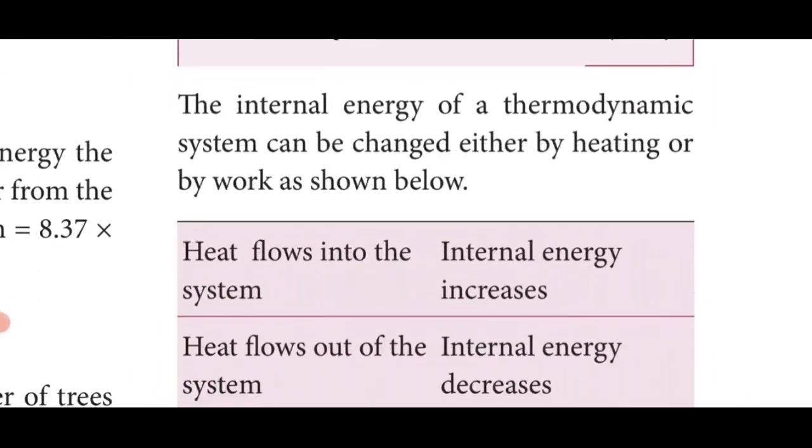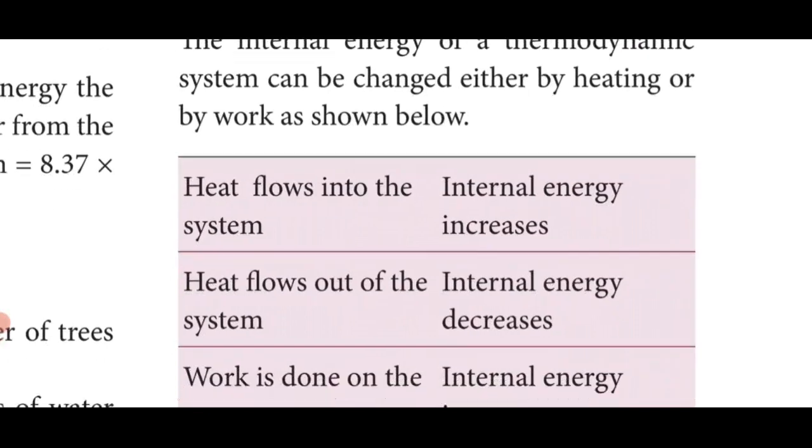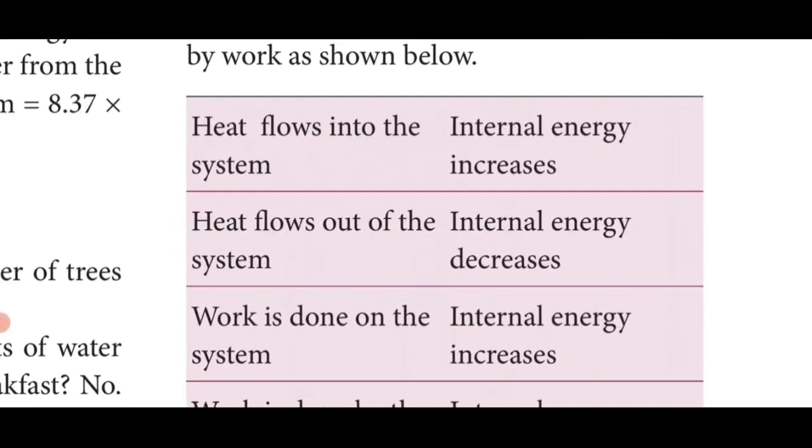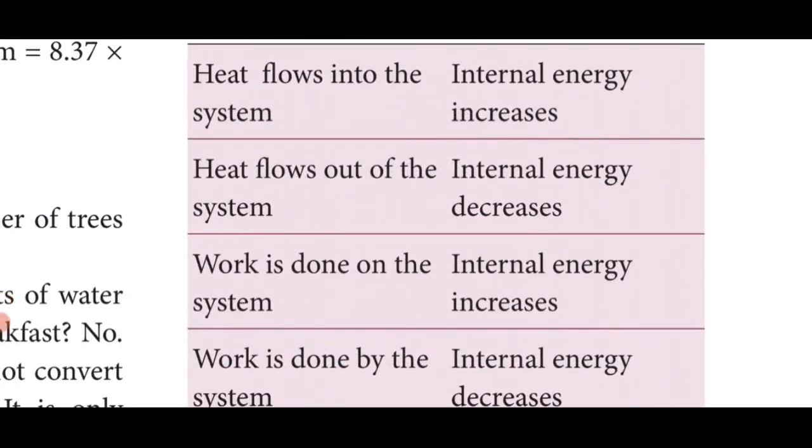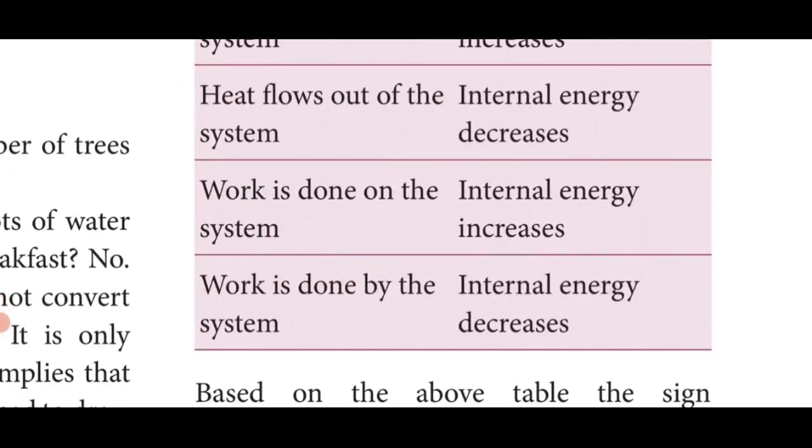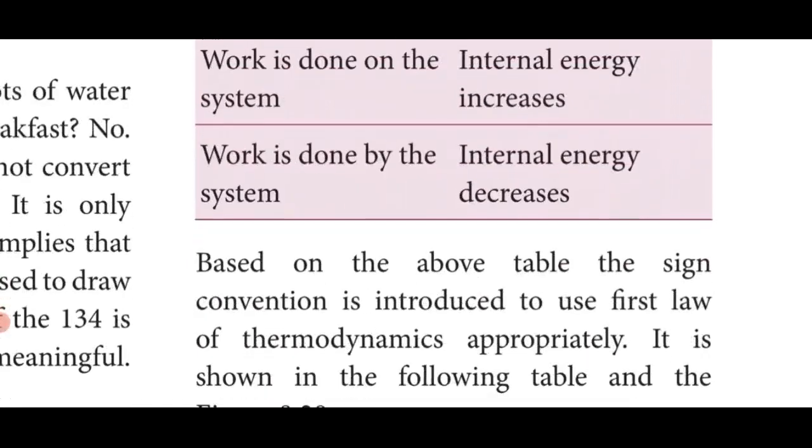The internal energy of a thermodynamic system can be changed either by heating or by work. When heat flows into the system, internal energy increases. When heat flows out of the system, internal energy decreases. When work is done on the system, internal energy increases. When work is done by the system, internal energy decreases.